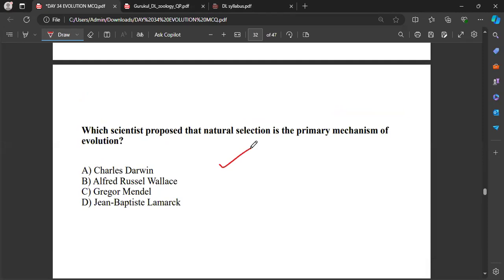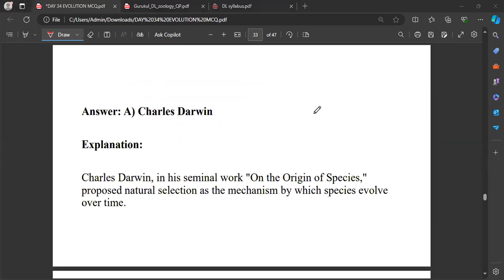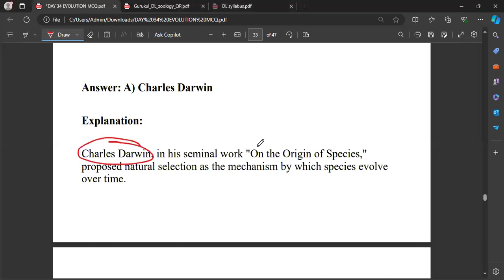Which scientist proposed that natural selection is a primary mechanism of evolution? That will be Charles Darwin, and his book is The Origin of Species.